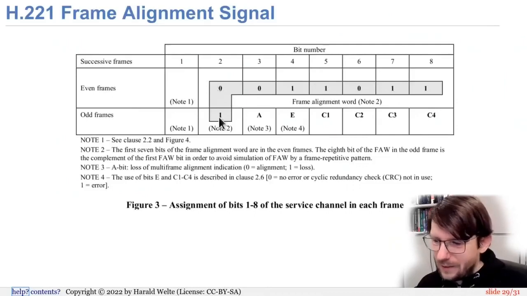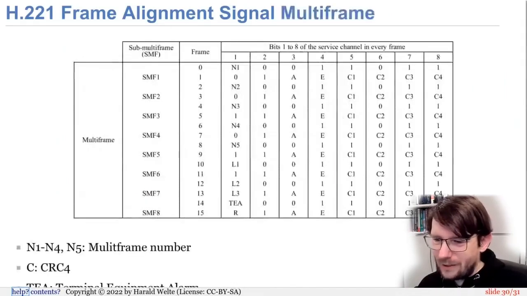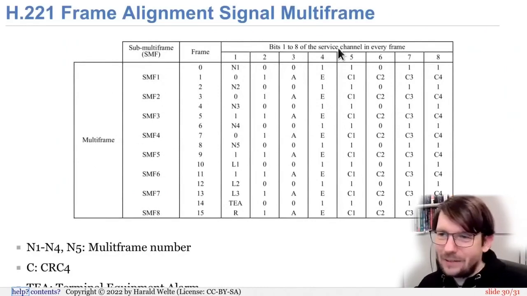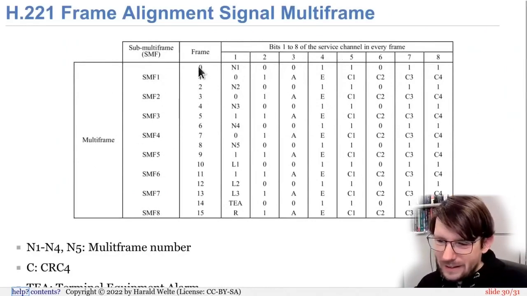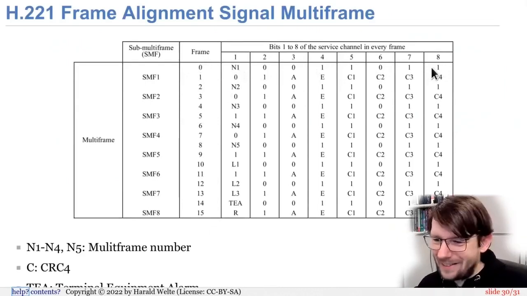And in the odd frames, we have some other bits, the A, E, and C bits. And if we plot this for the entire multi-frame, again, these are only the bits of the service channel, meaning the last or highest order bit, whatever you want to call it, the rightmost column of the frames before. So here are the frames. We have 16 frames, and we only look at the first 8 bits of the service channel, which is the 8th bit in that structure.